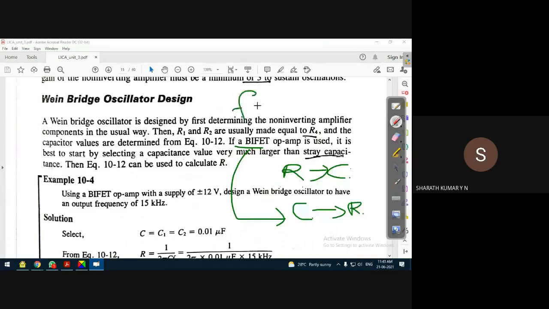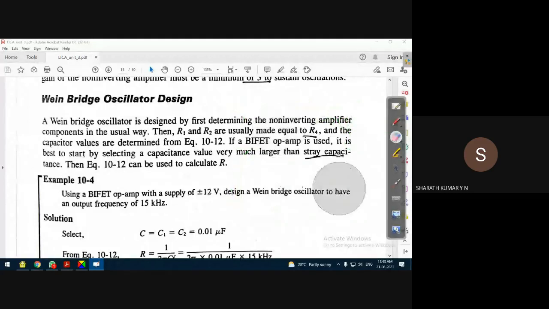For a bi-FET op-amp, select the capacitor first, and from that design the value of resistance using the formula f is equal to 1 by 2 pi RC. If C is known, R can be calculated. If R is known, C can be calculated. That's all, for a given value of frequency. That's very important. If the frequency is unknown, it is not possible.